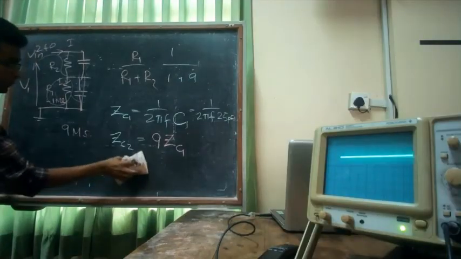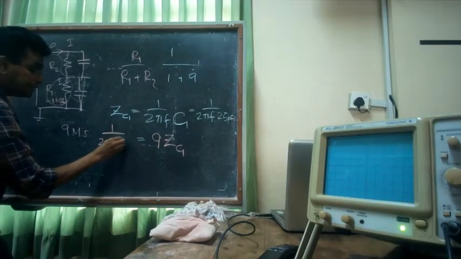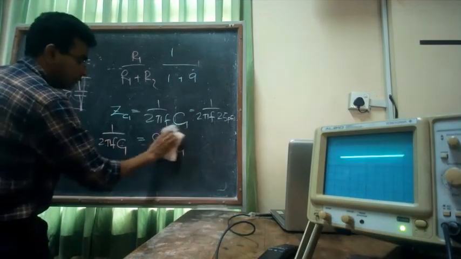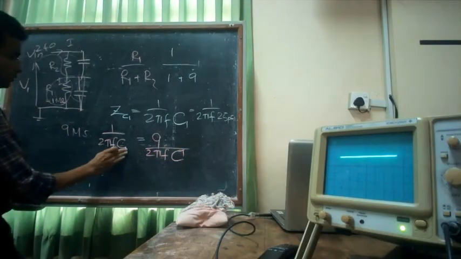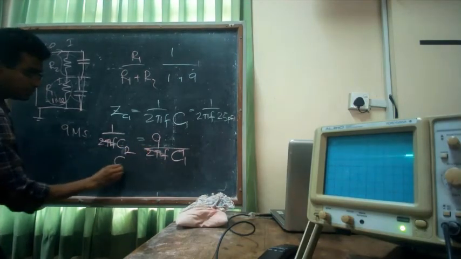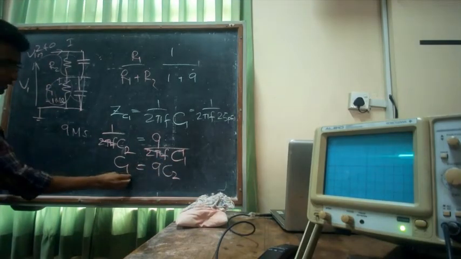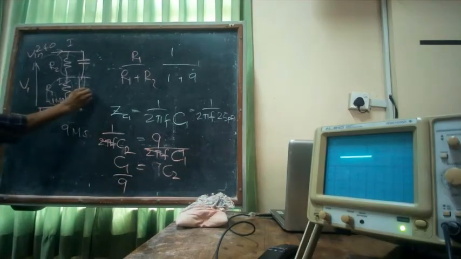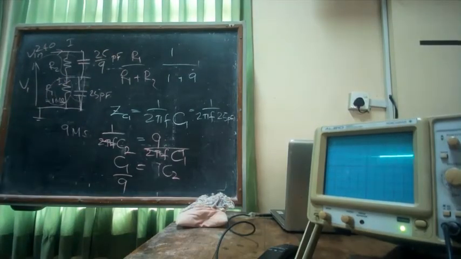So if I replace this, this is 1 over 2 pi f C1, this is 1 over 2 pi f C2. So therefore I can get rid of this. C1 should be 9 times C2. So therefore C2 is C1 divided by 9. So this is 25 picofarad, 25 divided by 9. Correct?